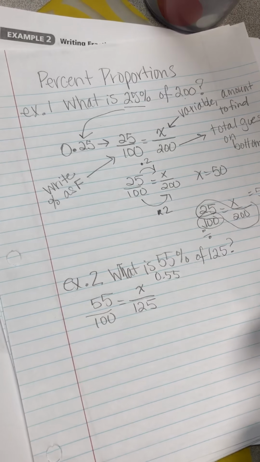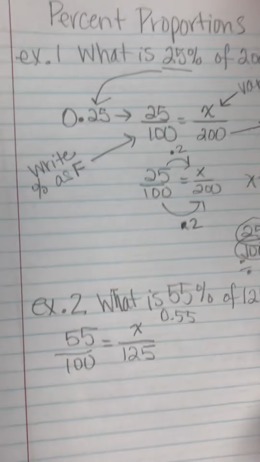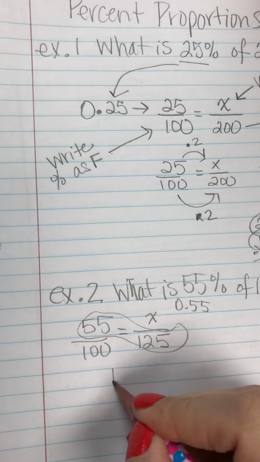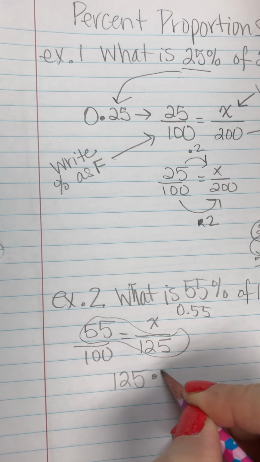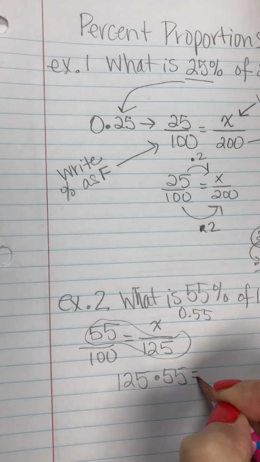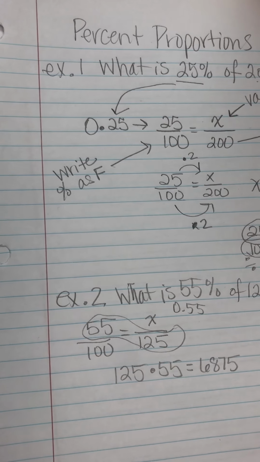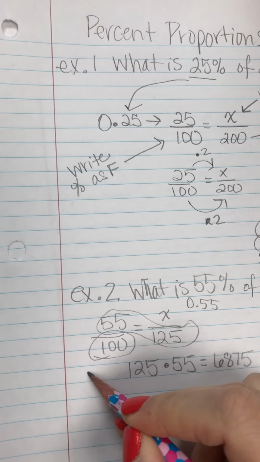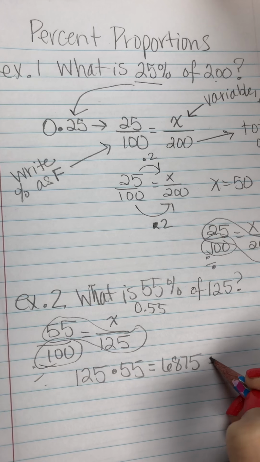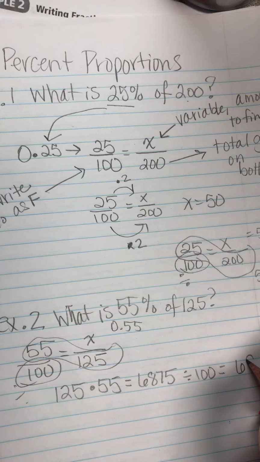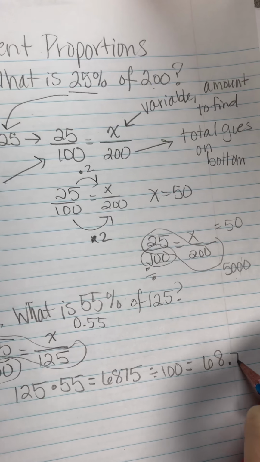And we're trying to find x. So this is where we're going to use our cross products, okay? So 125 times 55 is going to equal 6,875. And then we divide by 100. So divided by 100, and you get the answer of 68.75.